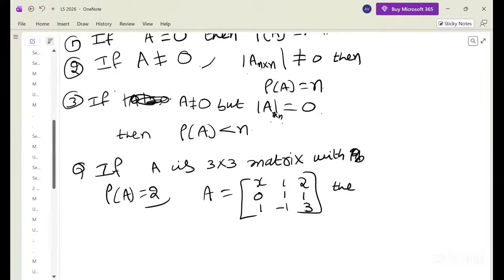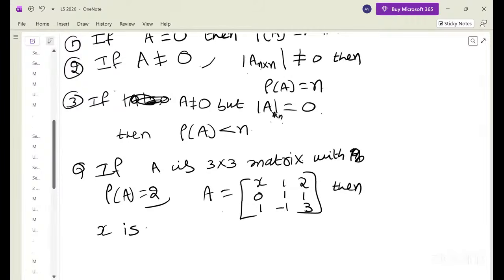Then x is... Options will be given. So if A is a 3 by 3 matrix with rank of A equal to 2 and A is this, then x is.